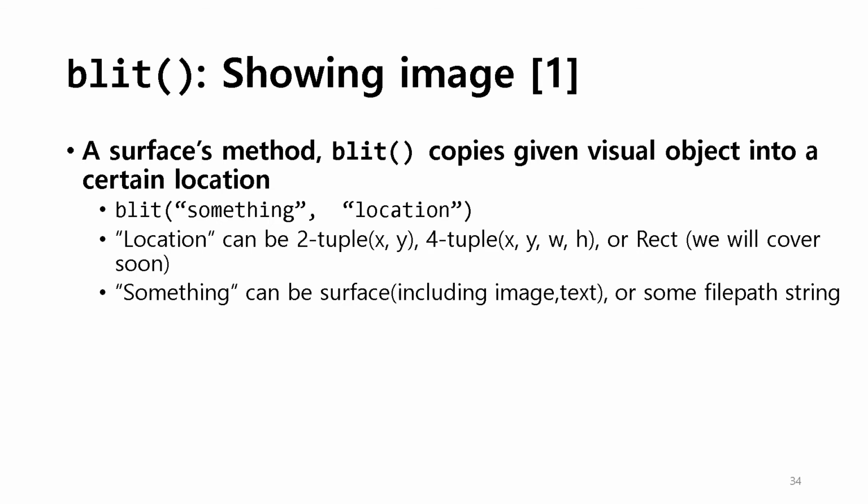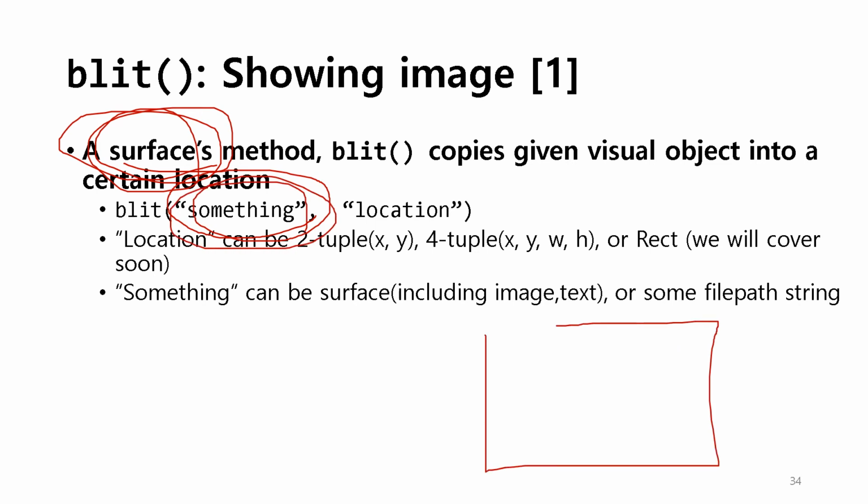And we can use the blit method to copy some visual object onto the screen. Note that the method is a surface method. And so we can blit something to the main surface we declared with the display.set_mode function. Also, we should indicate the location to specify where it is copied. It is a surface, so we can think about it like this.